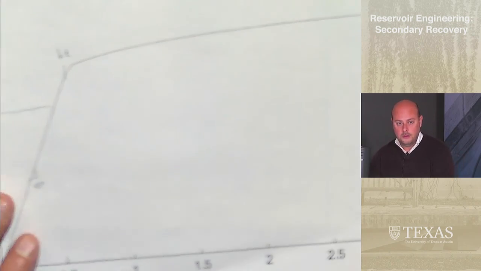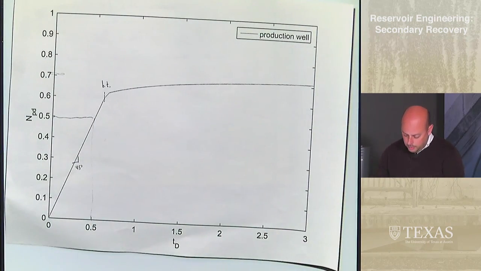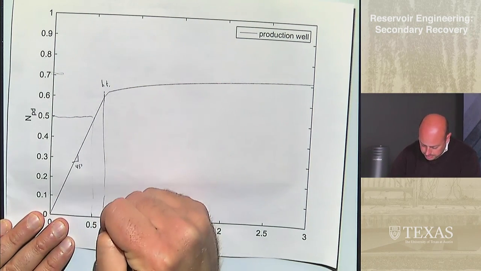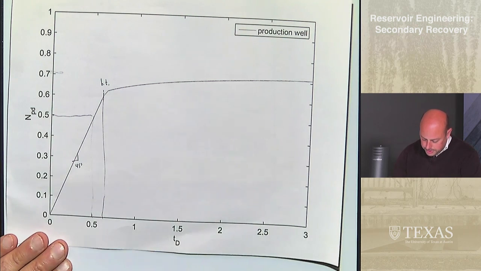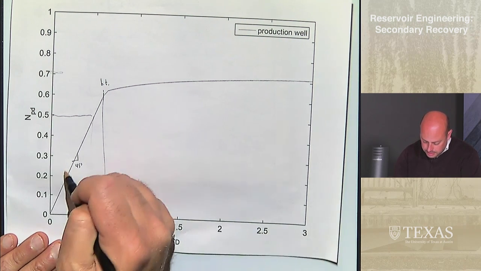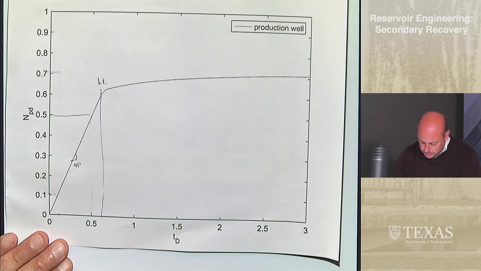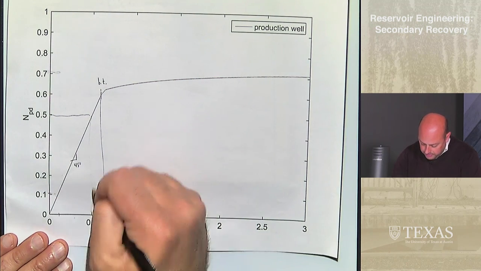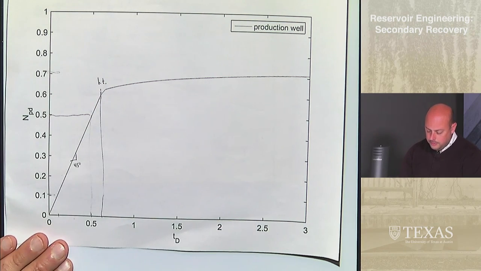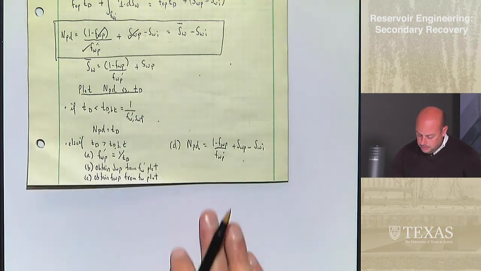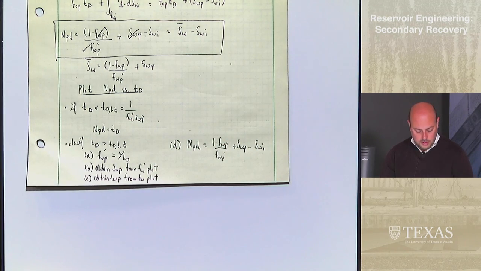So go back over here. So prior to breakthrough, this thing right over here, right around 0.6, super simple. Whatever TD is, that's equal to NPD. So at TD is 0.1, NPD is 0.1. When TD is 0.5, NPD is 0.5. But after breakthrough, I've got to follow these steps and calculate the recovery.